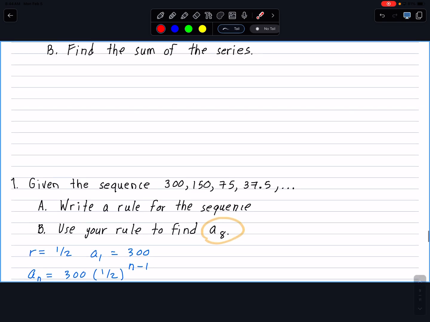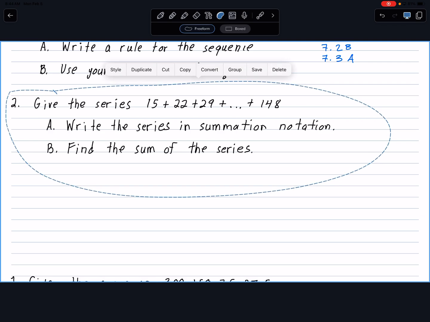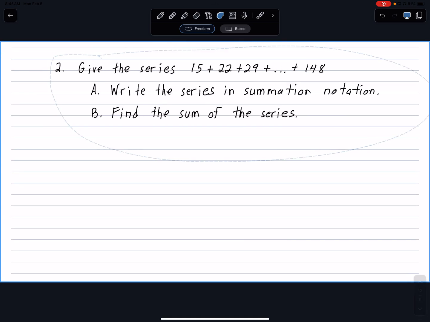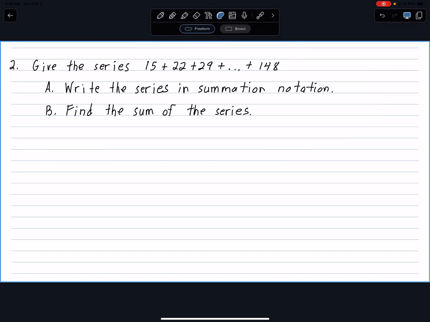Okay, let's continue. Let's look at the second one. Okay, for this one, it's a similar-ish problem, but now it's a series, and we're asked to write this series in summation notation.